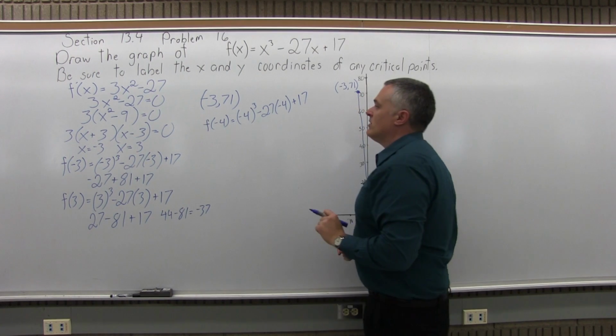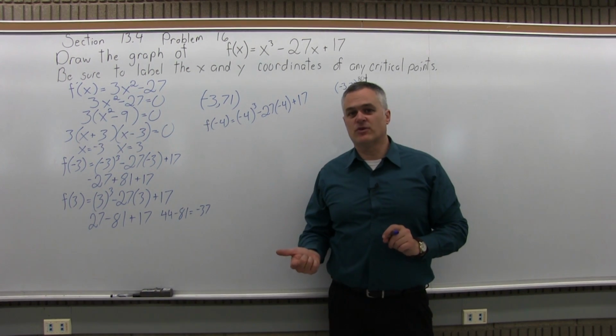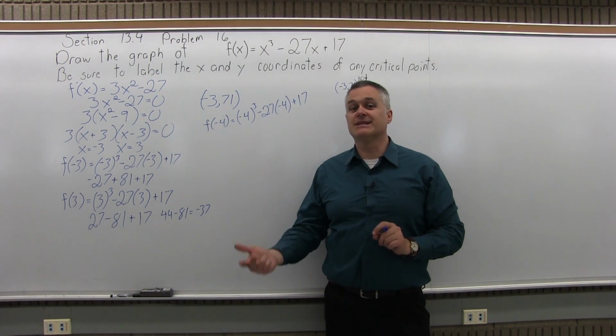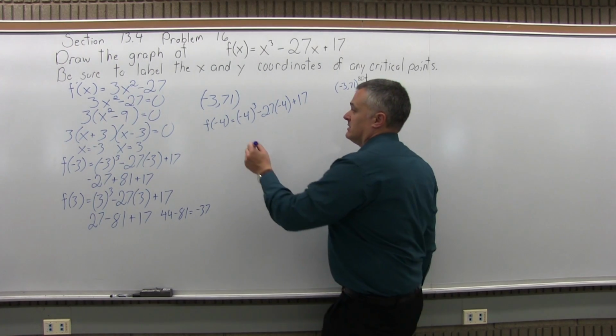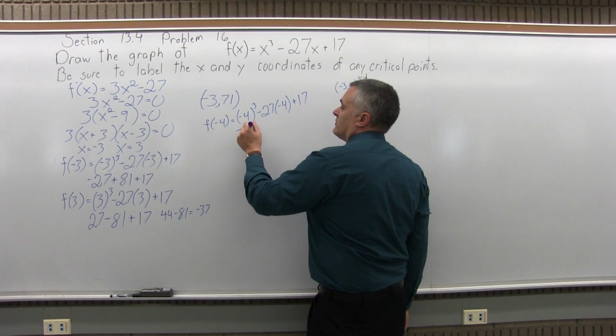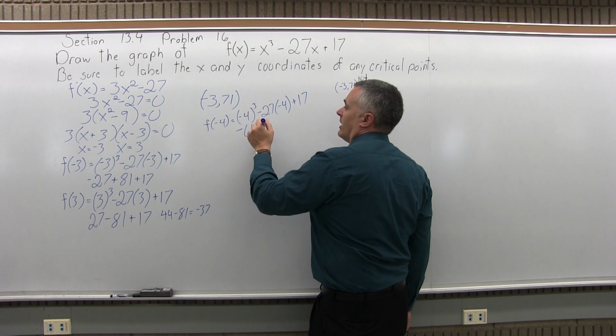Negative 4 cubed is negative 4 times negative 4 is positive 16, times negative 4 again is negative 64. So negative 4 to the third power is negative 64.